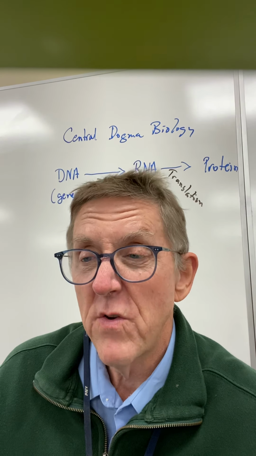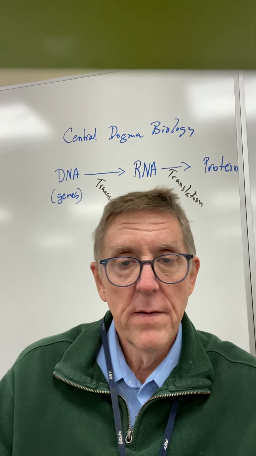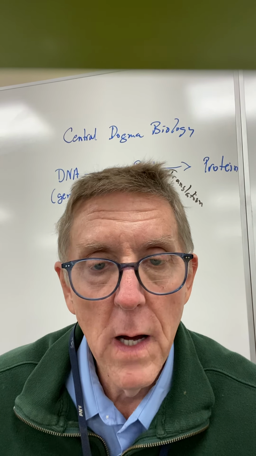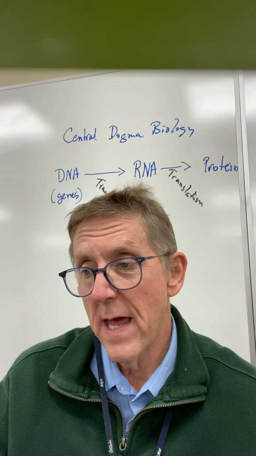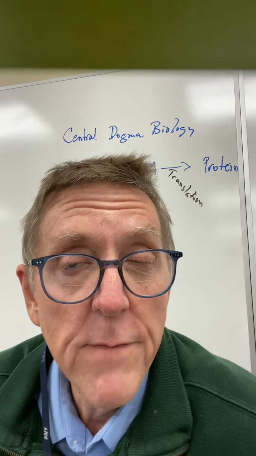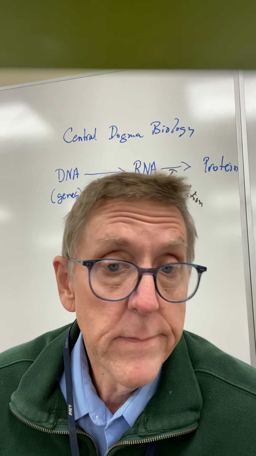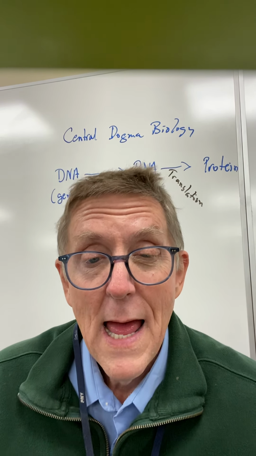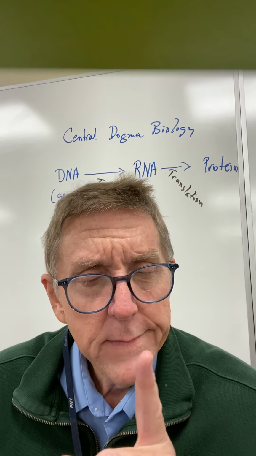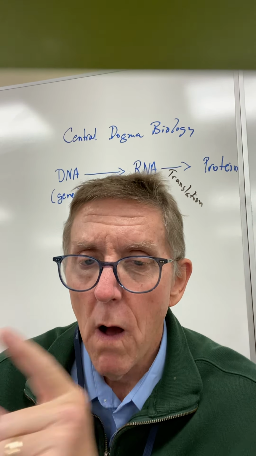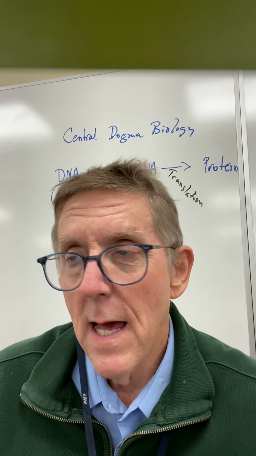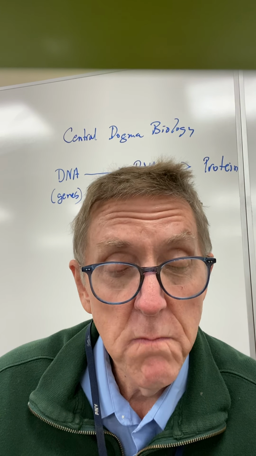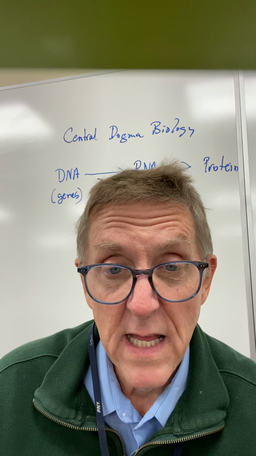Okay, so we're talking about the central dogma of biology. And we had said, what did we say was the function of the nucleus? Control center of the cell. And yet, when we talk about what genes do, nothing but proteins.